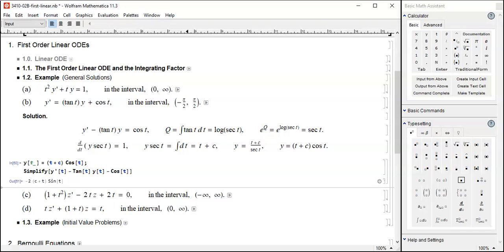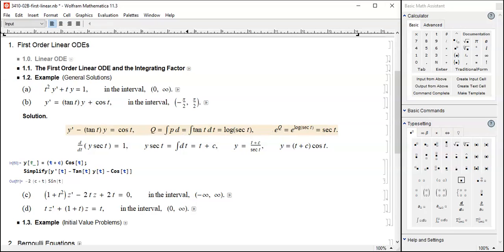Well, did everybody find the mistake? Where is it? It's right here. This is incorrect. You see, Q is the antiderivative of P of t, right?